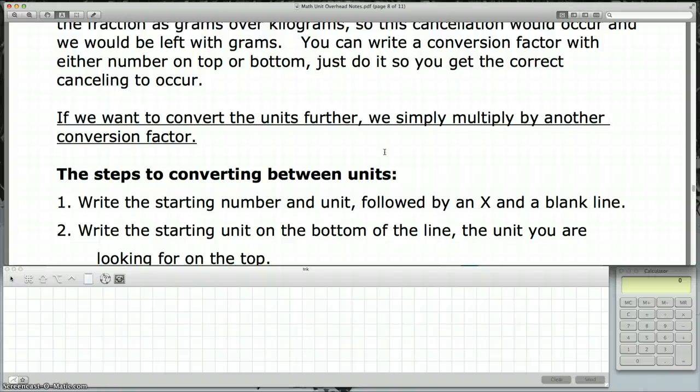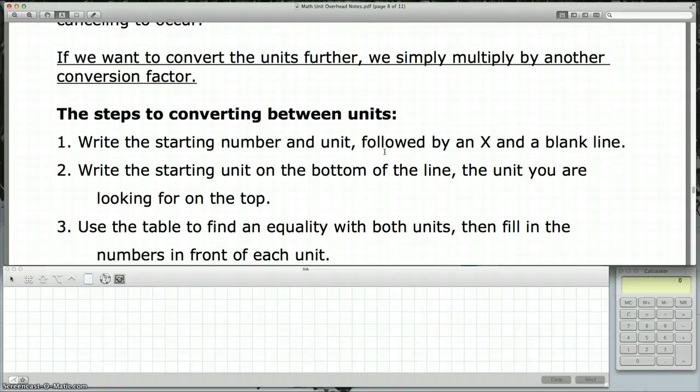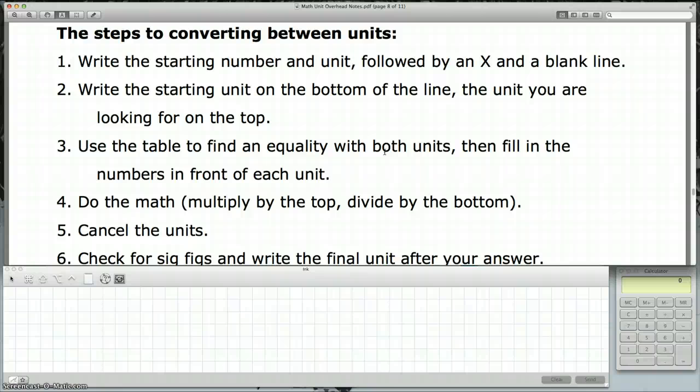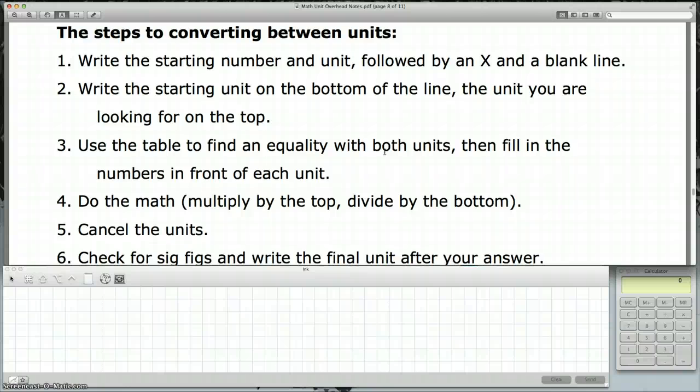Now, there are steps for converting between units. The first one is write the starting number and the unit, followed by a multiplication sign and a blank line. Step 2 says write the starting unit on the bottom of the line. So whatever unit you're starting with goes on the bottom, and the unit you're looking for goes on top.